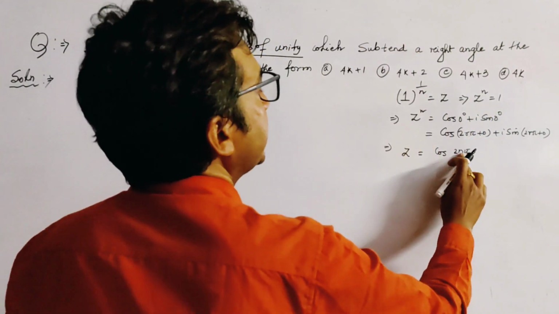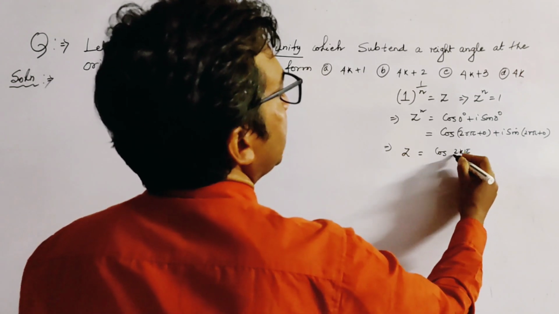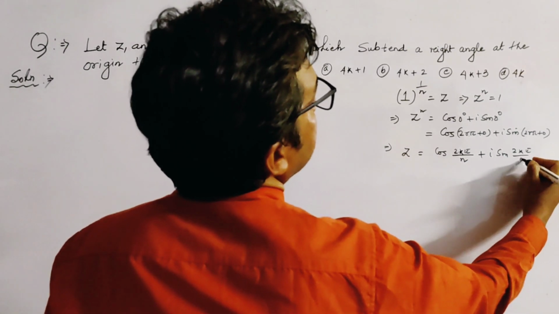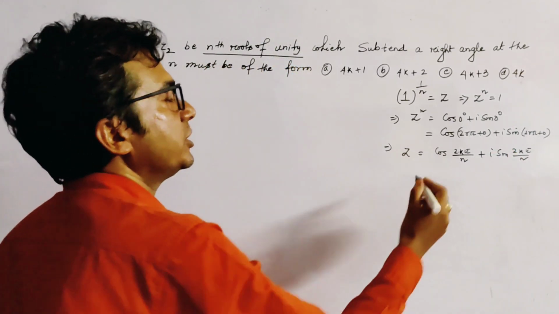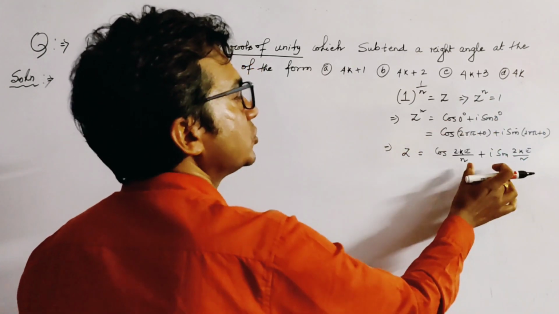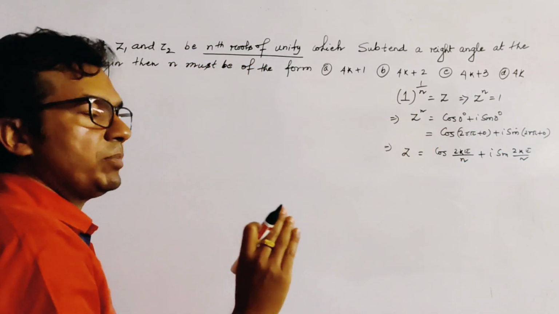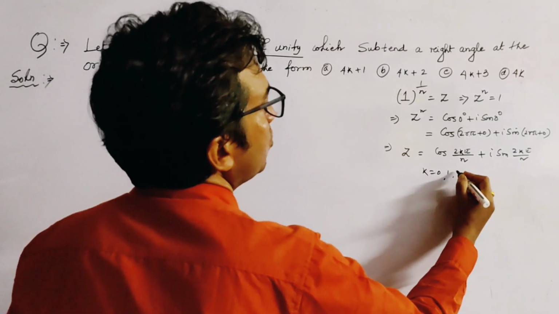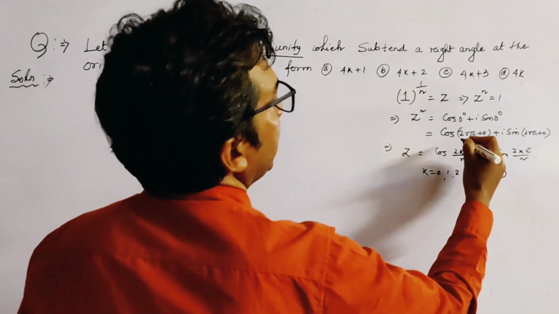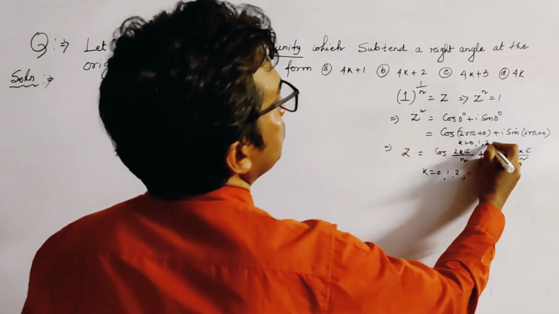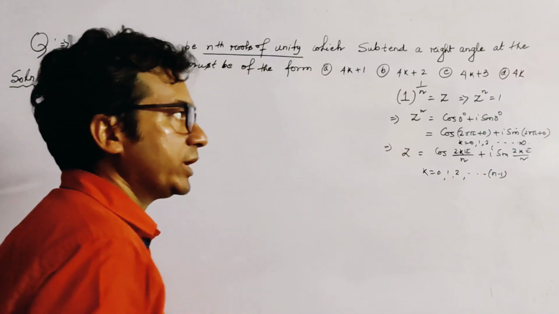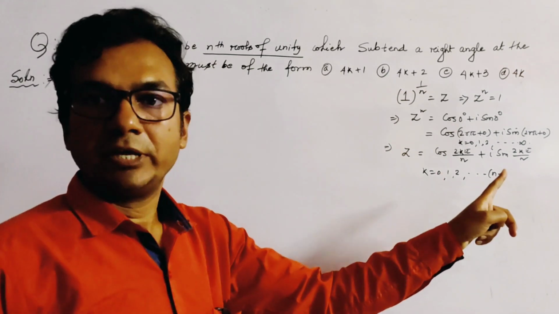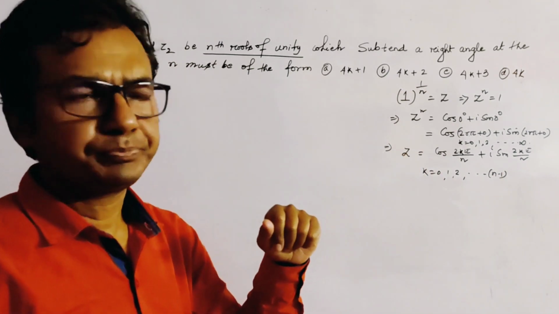So we get cos 2kπ by n plus i sin 2kπ by n using de Moivre's theorem, because this is to the power 1 by n, where k equals 0, 1, 2 to n minus 1. This is the generalization, and these n complex numbers are the nth roots of unity.